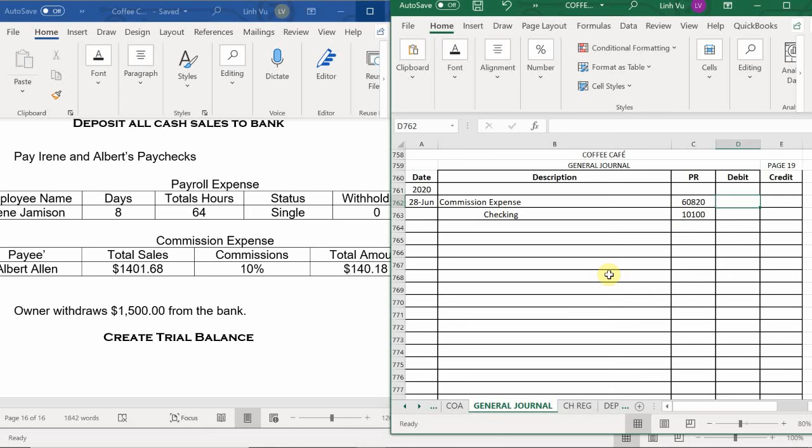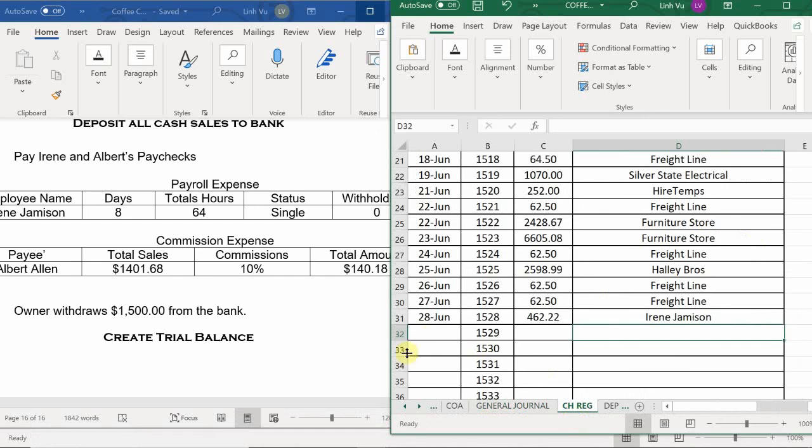Now, how much do we owe Albert? $140.18. That is correct. And that's what we're going to take out of the checking account. $140.18. So that's that.